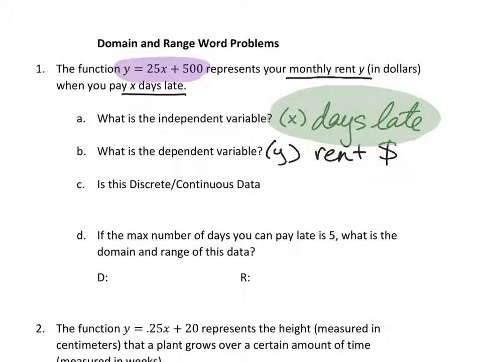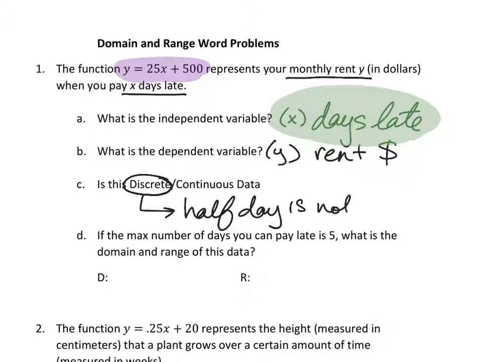So if my rent is due on a Monday and I don't pay until Tuesday, can I pay a different price if I pay in the morning versus the evening? No, it's a whole day late, right? Which means I can't have any half days, meaning this is discrete data. Because there are no such things as paying a half day late on your rent. You either pay a whole day late, pay on time, or you pay 2 days late. Okay, we can't pay it a half day.